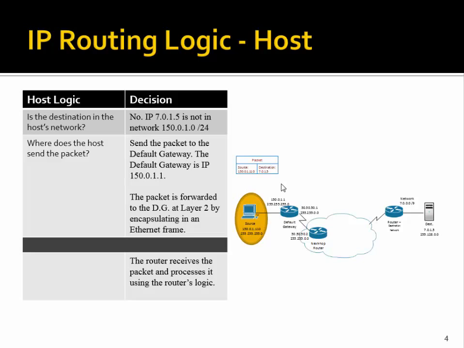The source either already knows the MAC address for the default gateway, or it requests that MAC address using the protocol ARP. Once it has the MAC address for the default gateway, the source builds a layer 2 Ethernet frame as it encapsulates the IP packet and forwards it to the router.